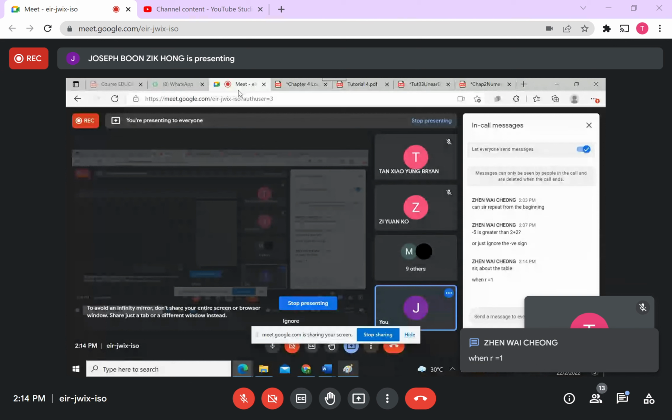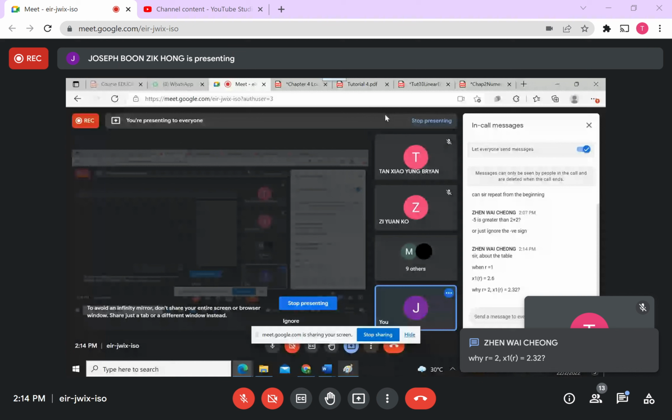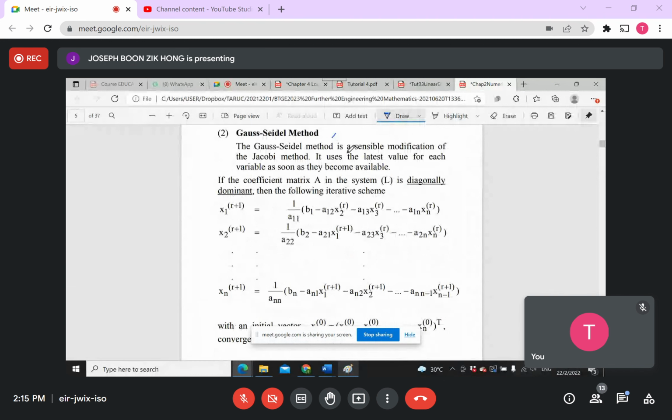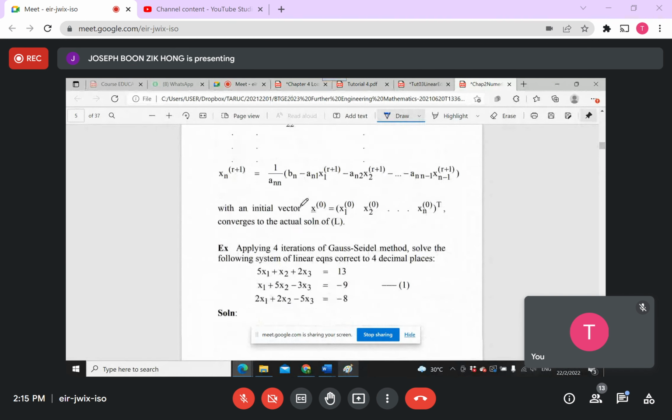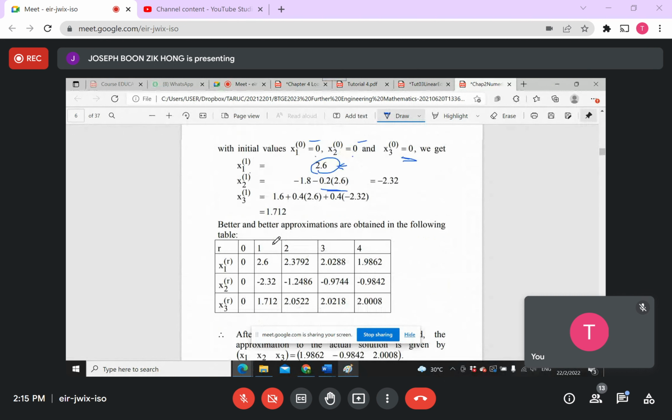About the table, when r equals 1, X1 is 2.6. I think you are talking about the Gauss-Seidel method, is it? Okay, so the formula is this one.